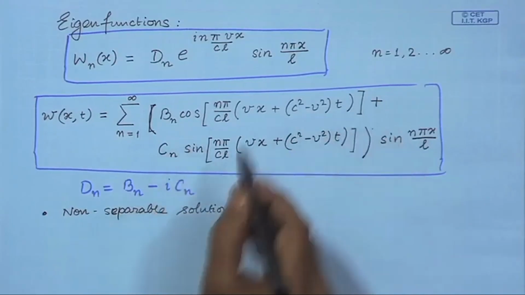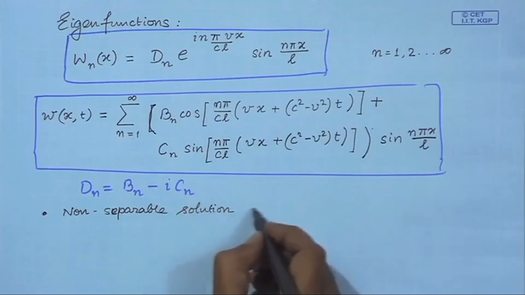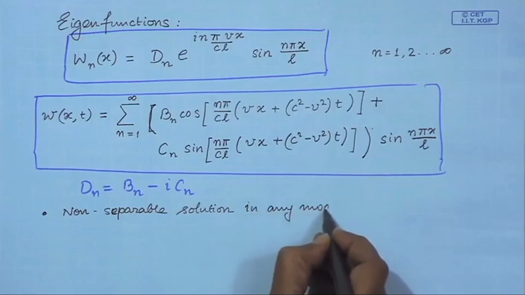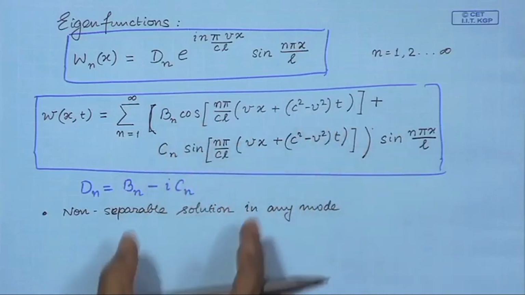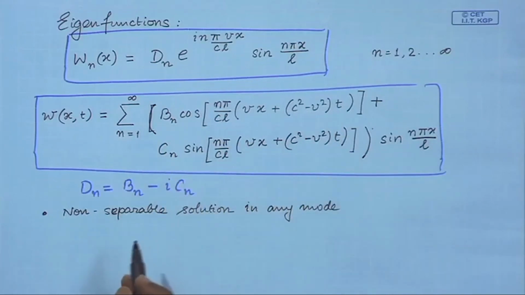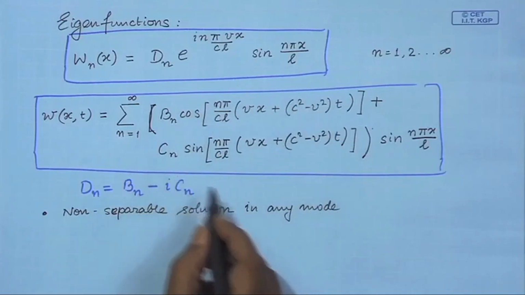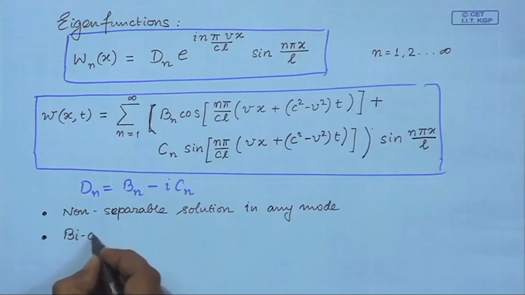Even the modal solution in a particular mode is, in general, non separable. This structure of solution we will discuss further later in this course. Here the orthogonality, the way we have discussed it in this course till now, does not hold. It is replaced by something called bi-orthogonality.